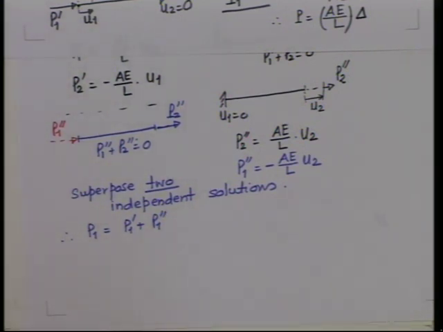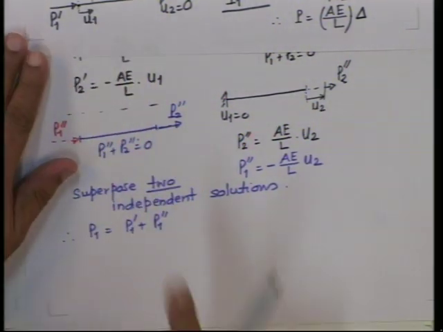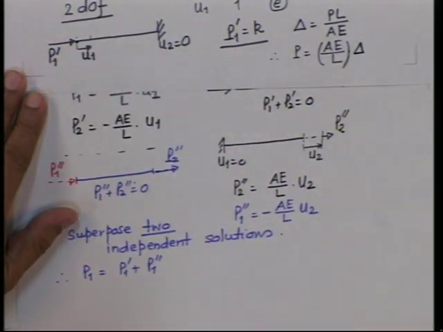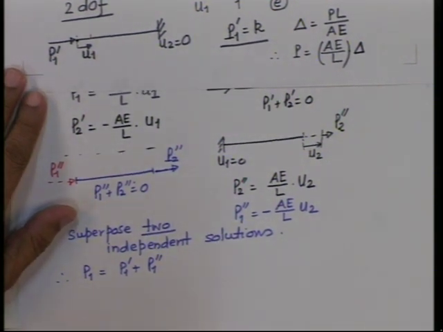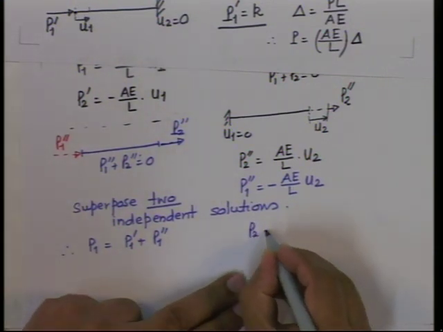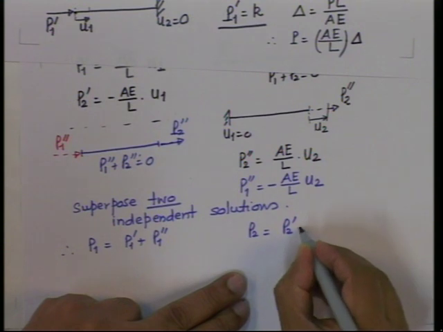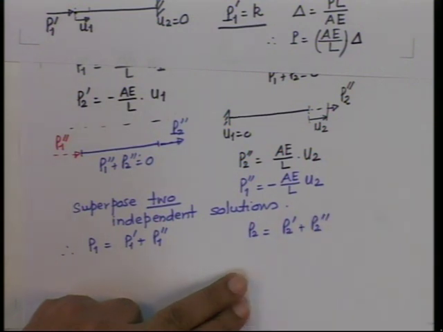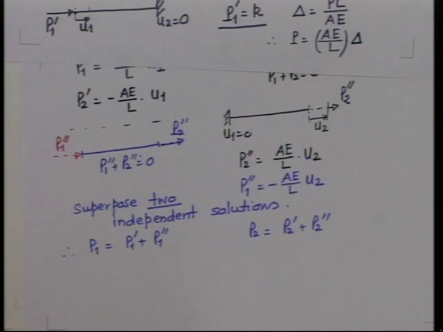Now, I do not think this much breakdown is given in any book, because I was also thinking for some time how to explain it. And P2 equal to P2 dash plus P2 double dash. Is it not? This is okay.